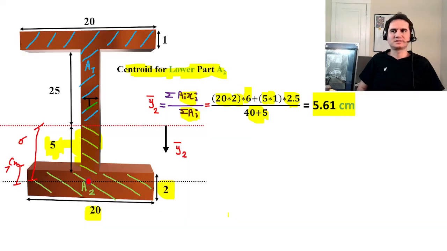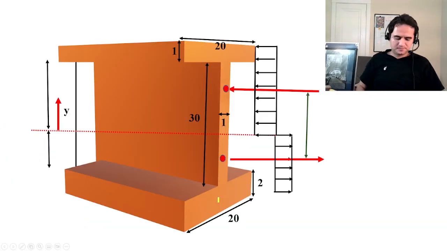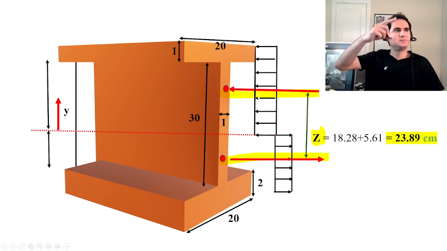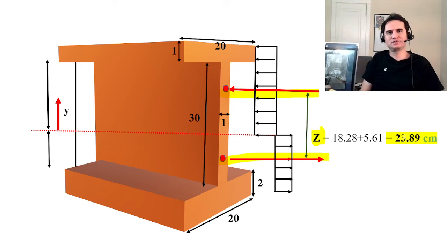If you do the math, it gives you 5.61 centimeters. If you add up the two centroids, do you remember from the plastic moment formula that capital Z is the distance between the two centroids at the upper and lower sections? That gives you 23.89 centimeters.